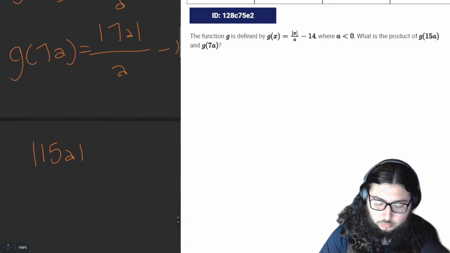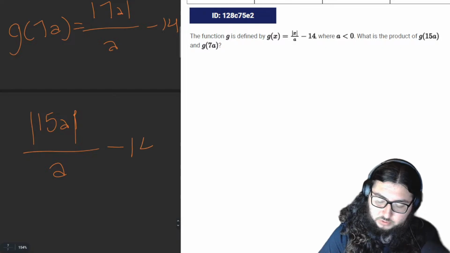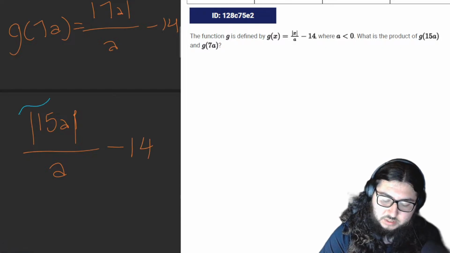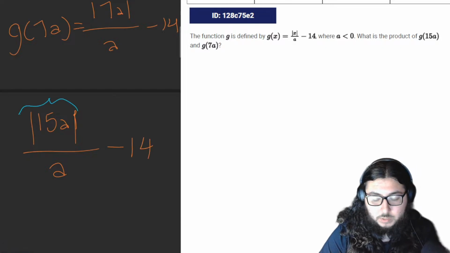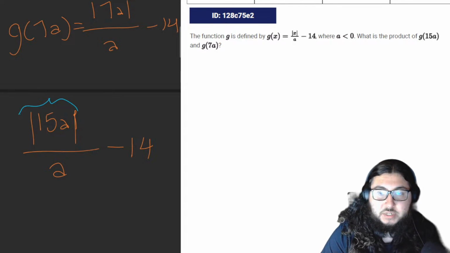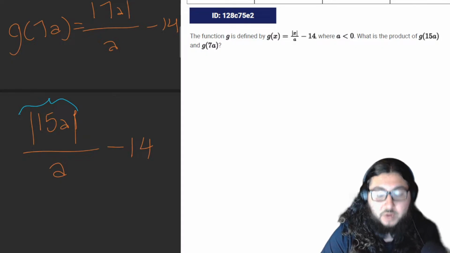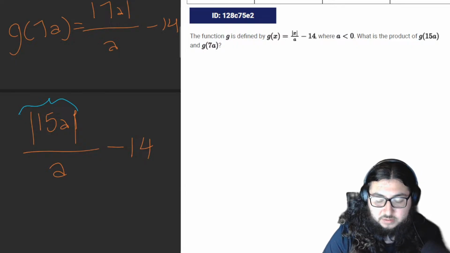The absolute value of 15a over a minus 14. So since a is negative, this means that the entirety of 15a is a negative value. So to get a positive value from that, when we're taking the absolute value, recall that the absolute value is the number with the same magnitude, but is positive. So the number part is the same, but the sign is positive.